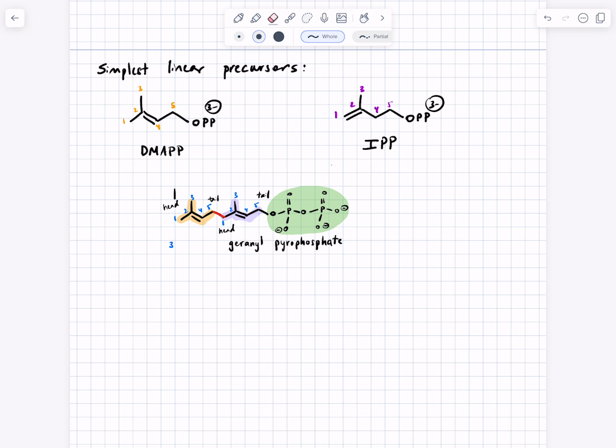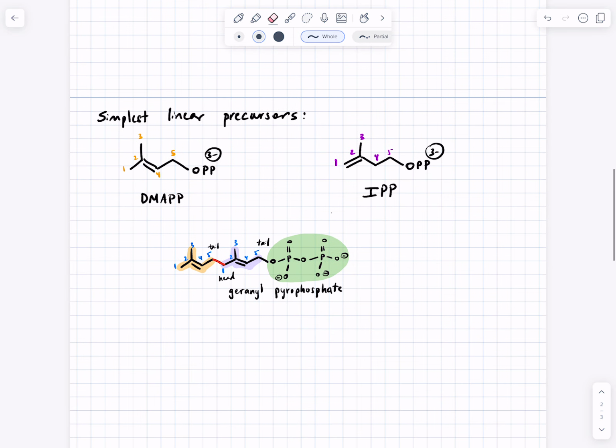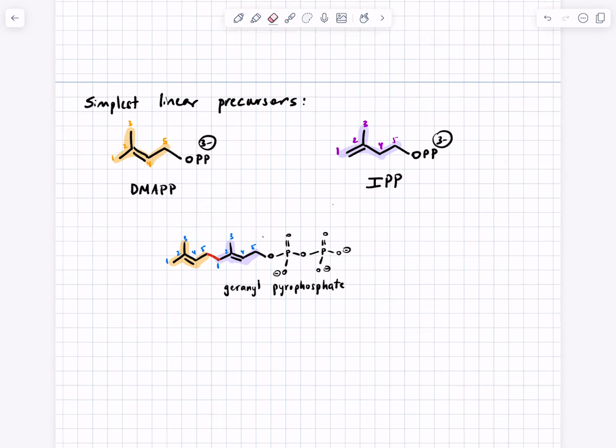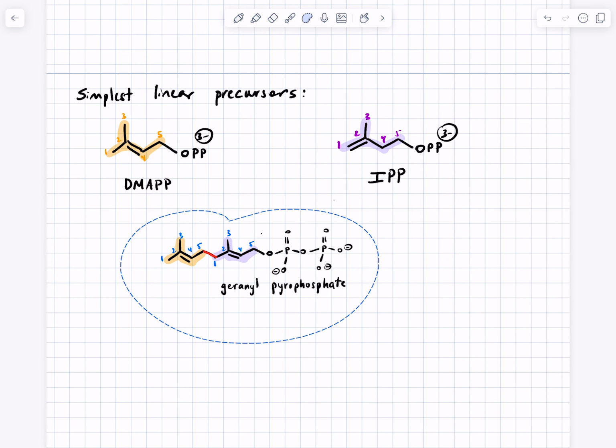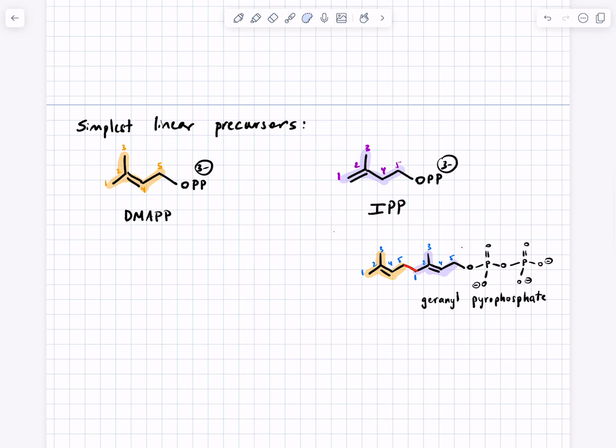The orange portion of geranyl pyrophosphate comes from dimethylallyl pyrophosphate, and the purple portion comes from the purple isopentenyl pyrophosphate. Okay? So, we're going to illustrate how this happens.